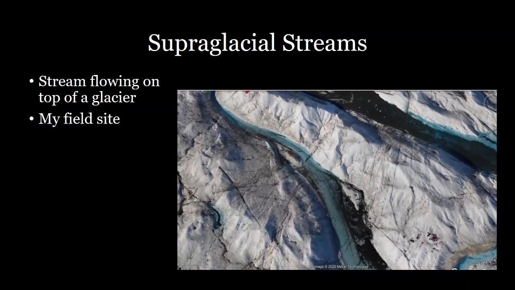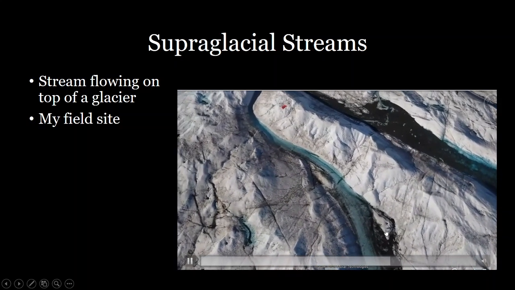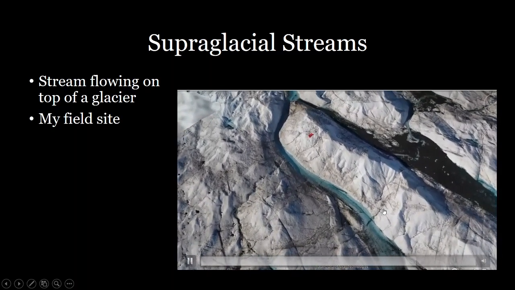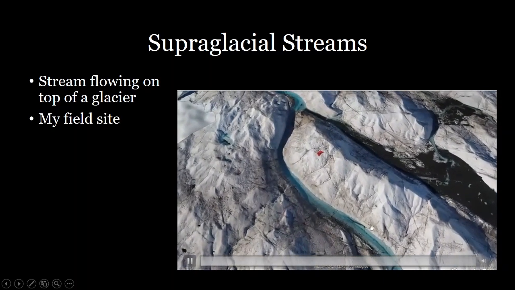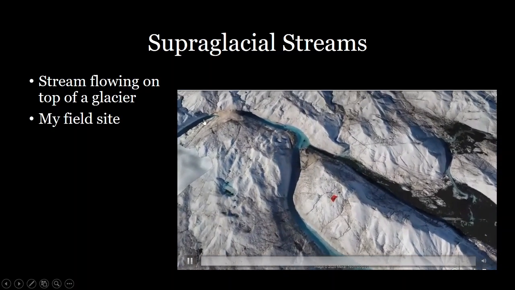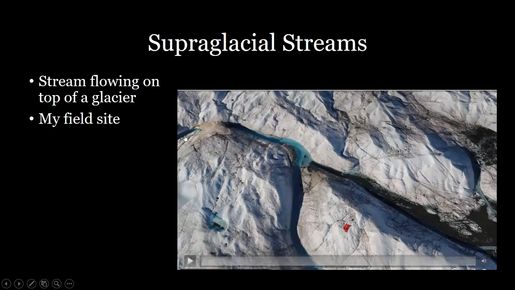It has meanders, it has sediment deposits, just like these ones here, as it drains those cryoconite holes and has sediment flowing through it. And then eventually this stream flows into a moulin here, where it reaches the bottom of the glacier.